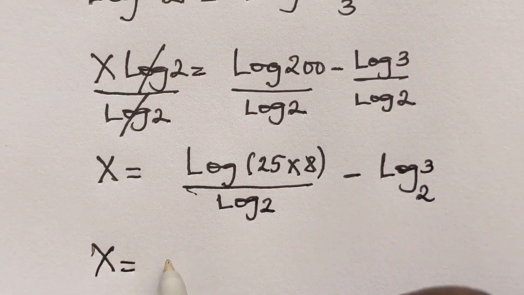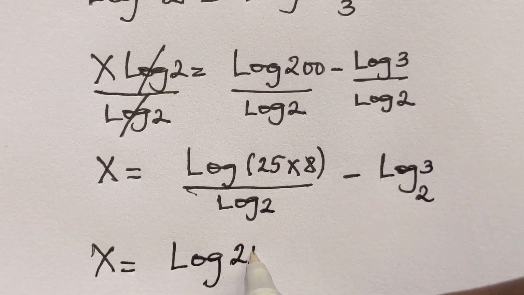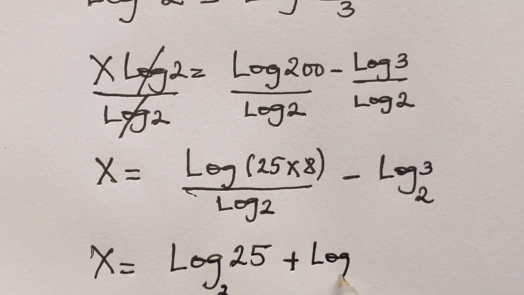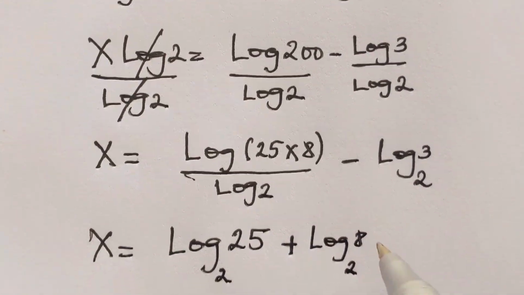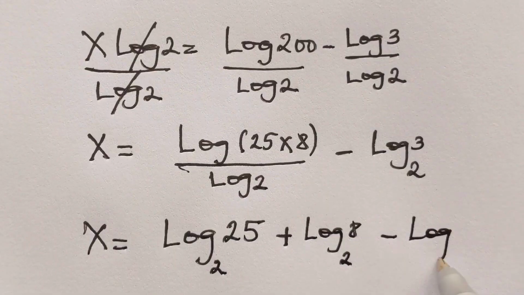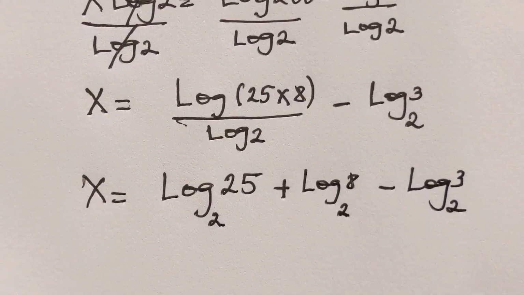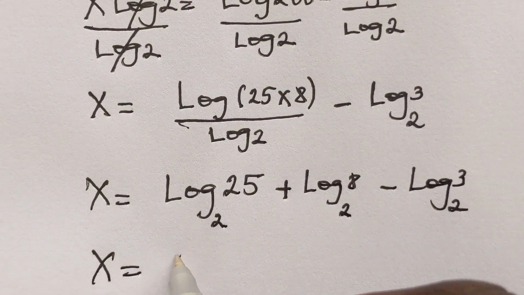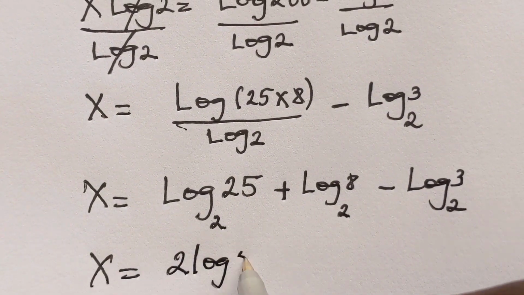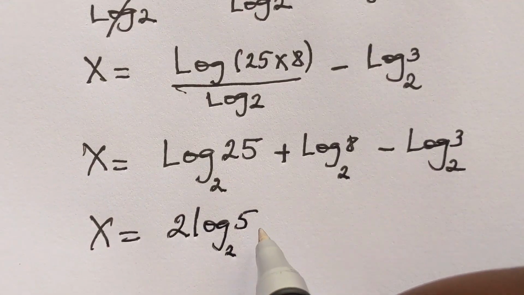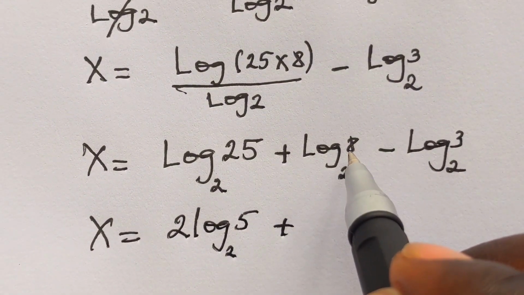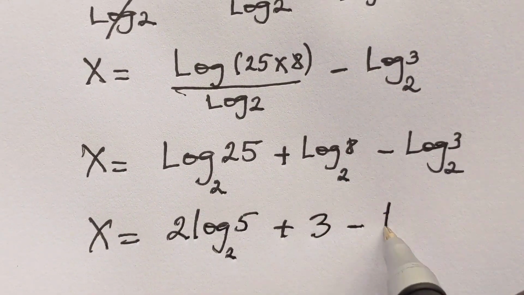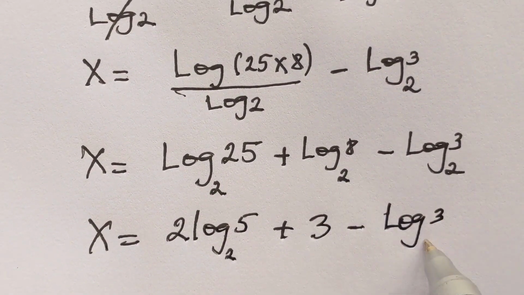x will be logarithm of 25 to the base 2 plus logarithm of 8 to the base 2, then minus logarithm of 3 to the base 2. Of course, 25 is 5 squared, which gives 2 times logarithm of 5 to the base 2, plus 8 is 2 cubed, which gives 3, then minus logarithm of 3 to the base 2.